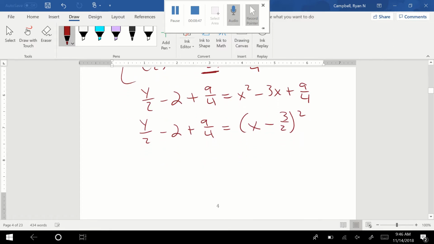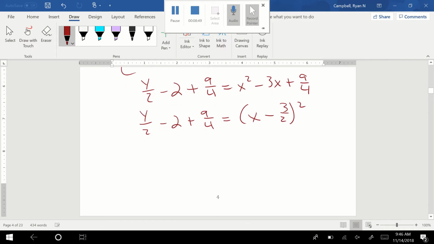All right. From here, we can just multiply everything by 2 to make it a little easier on us. If we multiply everything by 2, we have y minus 4 plus 9/2, because the 2 on the top, 2 on the bottom, equals 2 times everything. We don't want to multiply that 2 inside because we have the square. So we just leave the 2 on the outside. We can combine these two.